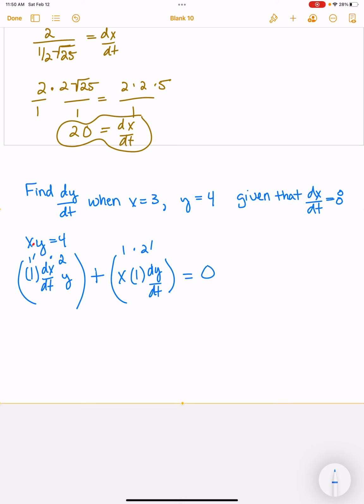The derivative of a constant is always 0.